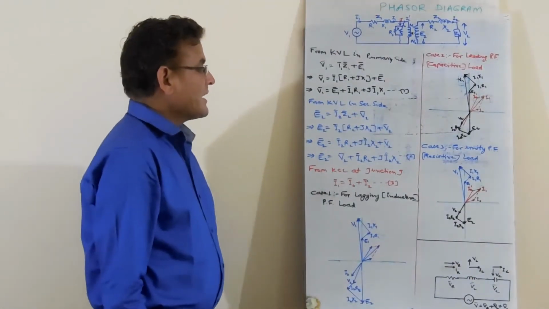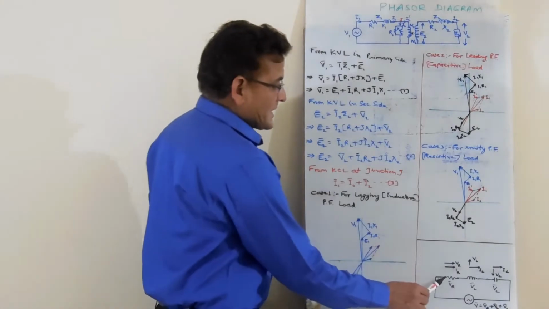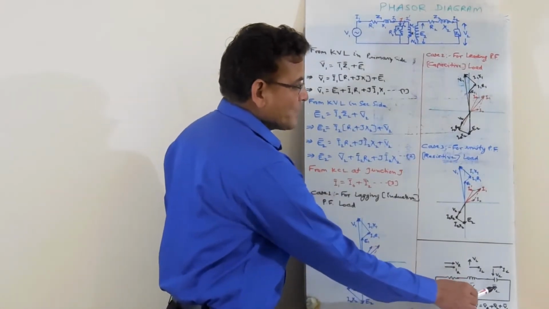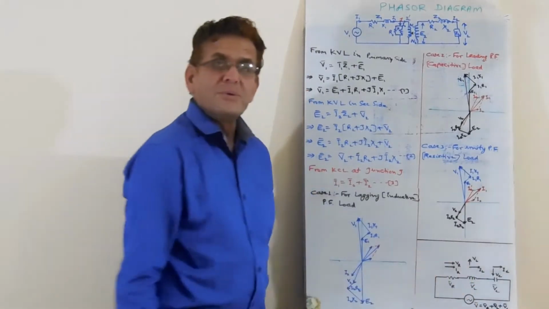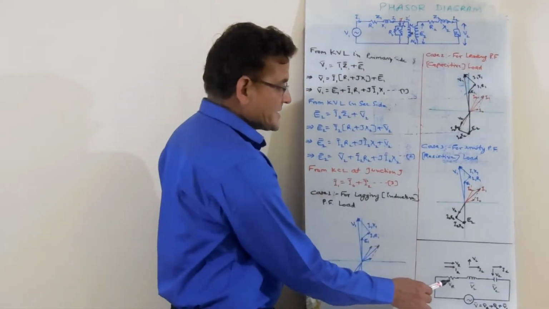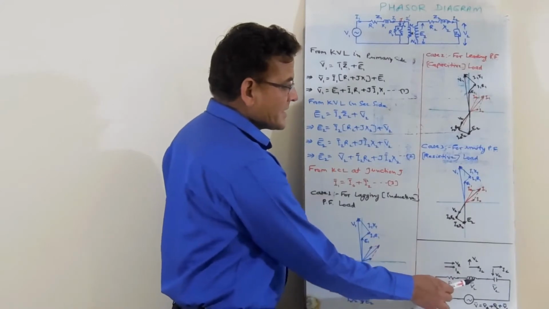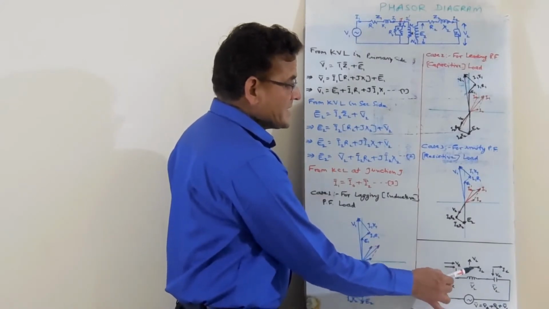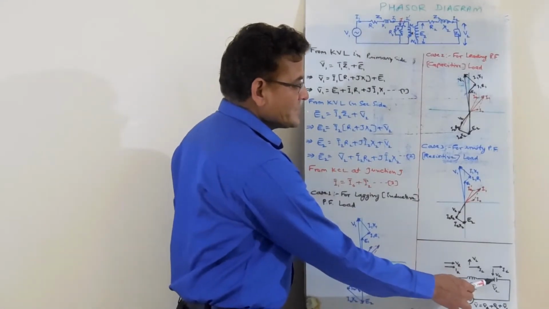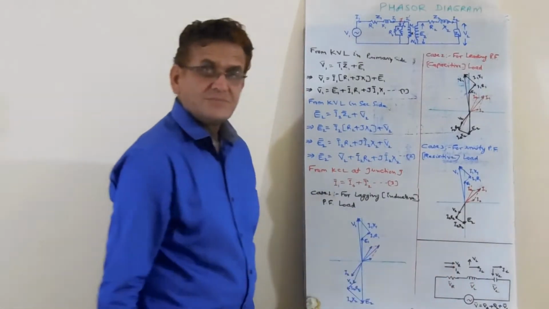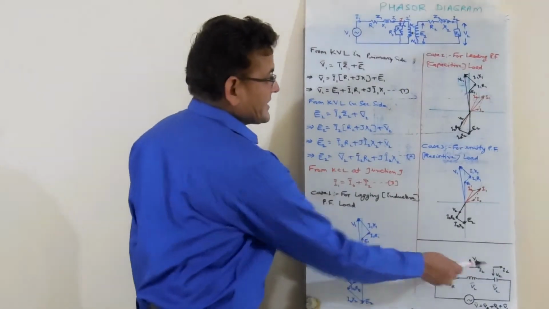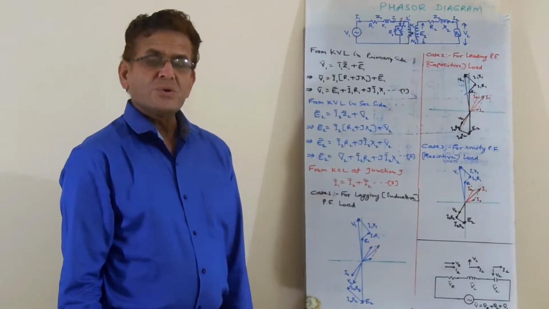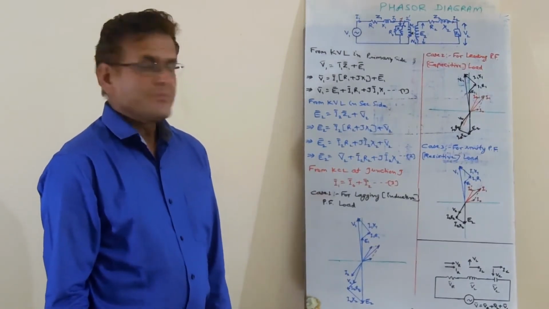So taking this as reference. Voltage across resistance is VR, voltage across inductance VL and voltage across capacitance VC. Current in resistance R is IR, current in inductance L is IL and current in capacitor C is IC. Since these three elements, resistance, inductance and capacitance, are connected in series, current will be same.